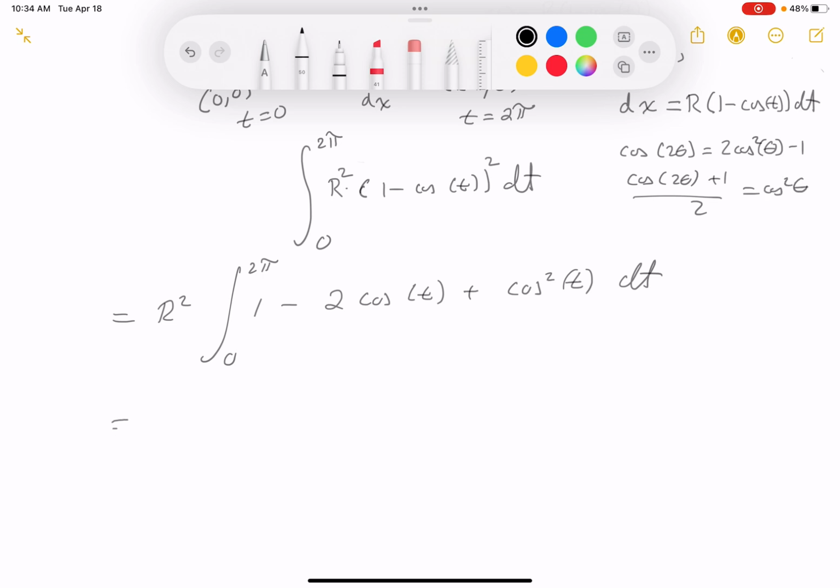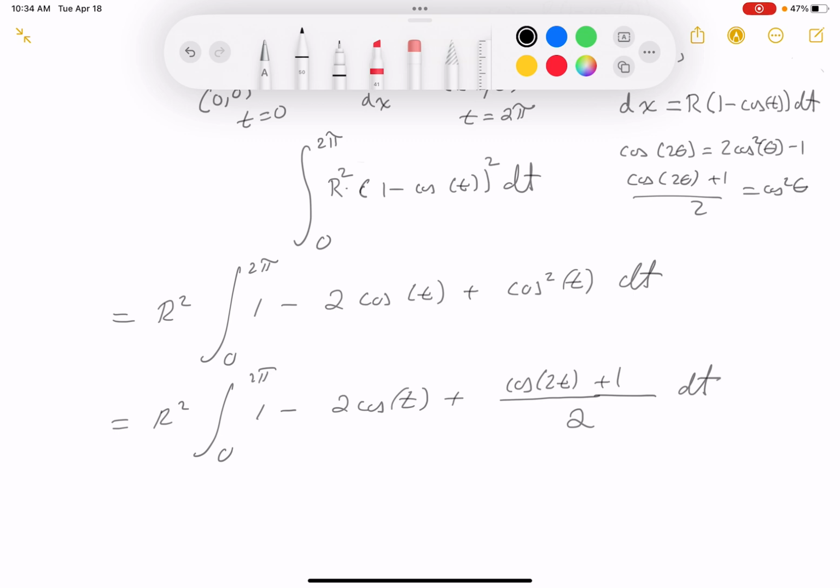I'm going to write that down now. R squared, 0 to 2 pi, 1 minus 2 cosine t plus cosine 2t plus 1 over 2, and this is going to be dt.